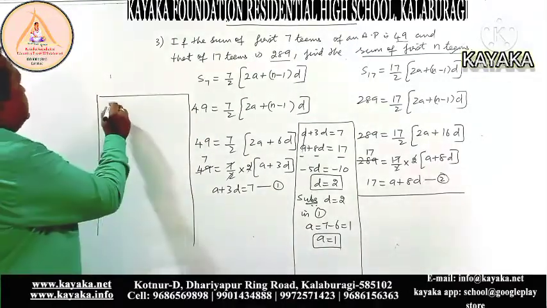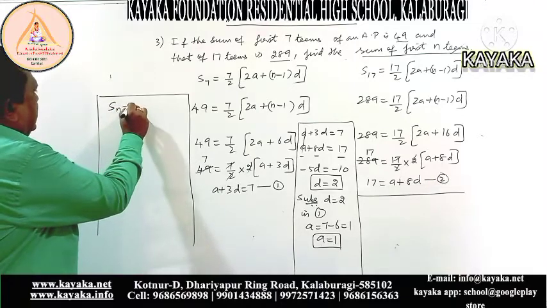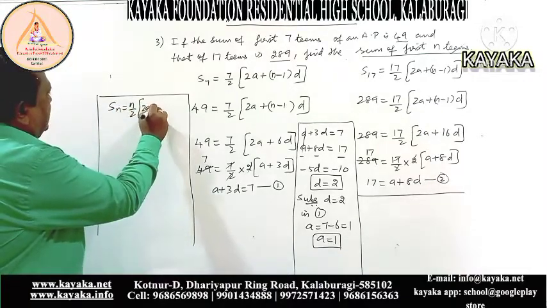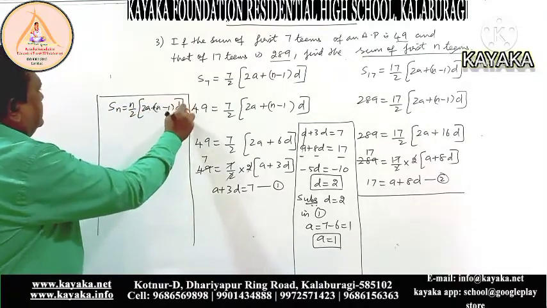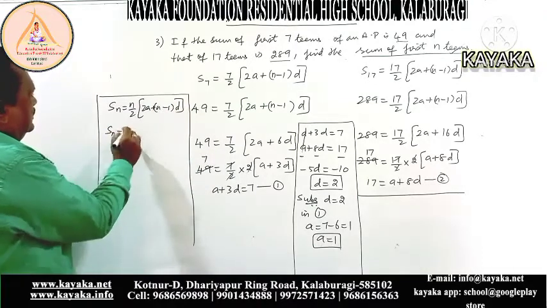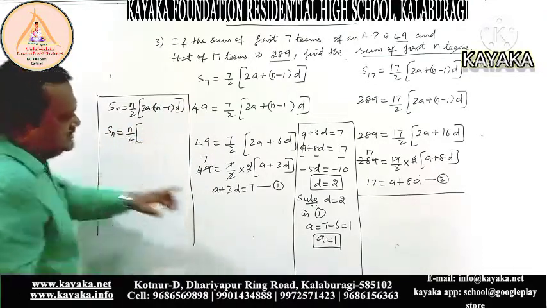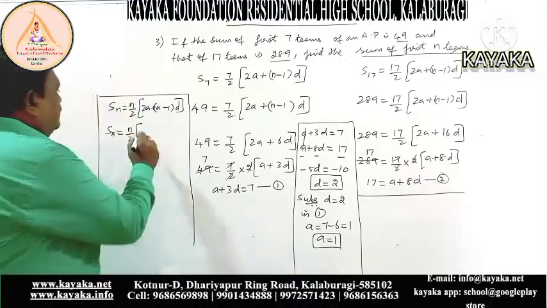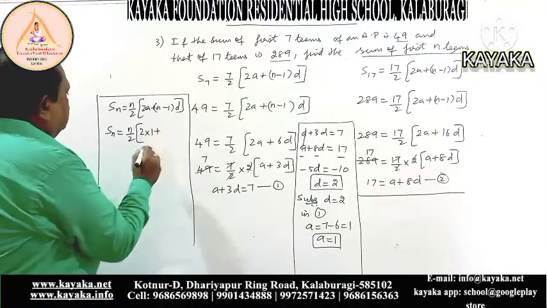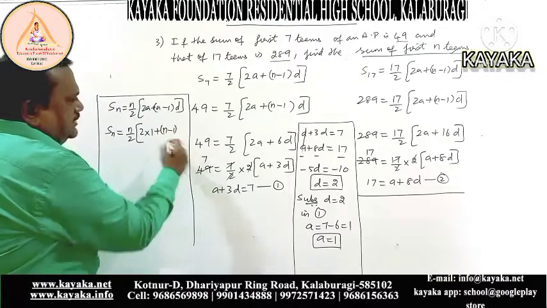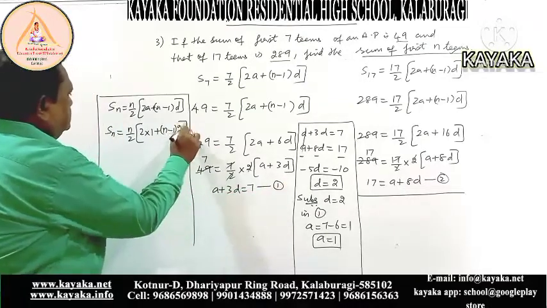Sn will be equal to n by 2 into 2a plus n minus 1 into d. Therefore, Sn will be equal to n by 2 into, what is the value for a? A is 1. Therefore, you will get 2 into 1 plus n minus 1 into d, the d value is 2.